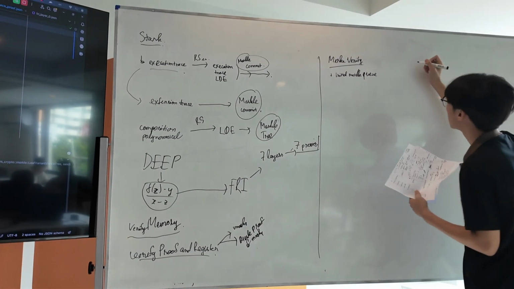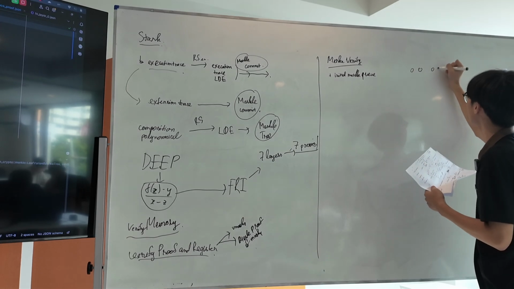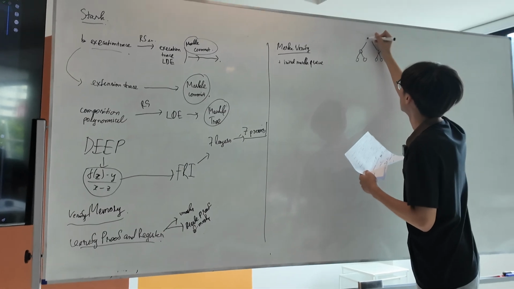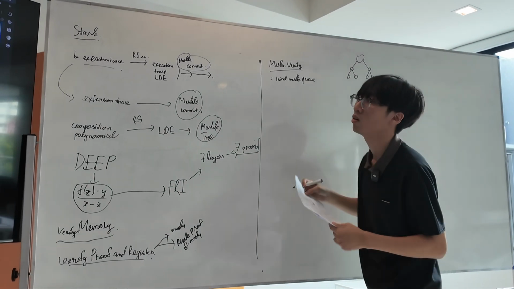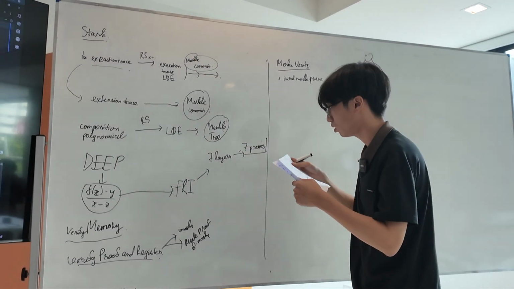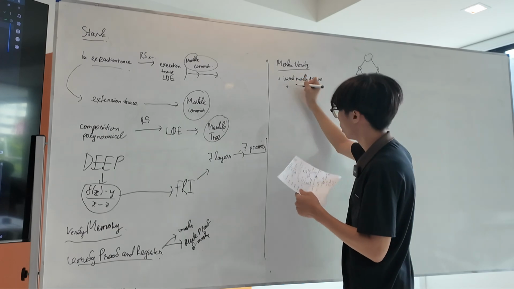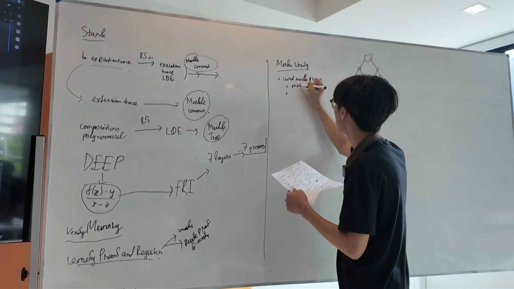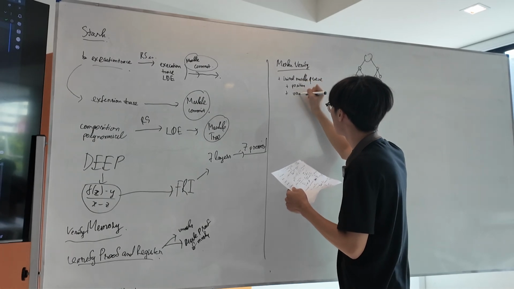Right, so suppose that we have a Merkle tree like this one. So here the initial Merkle queue includes two terms: the position and the value.